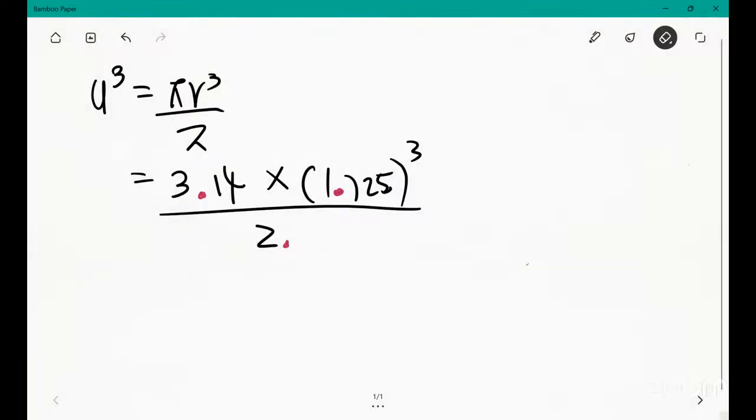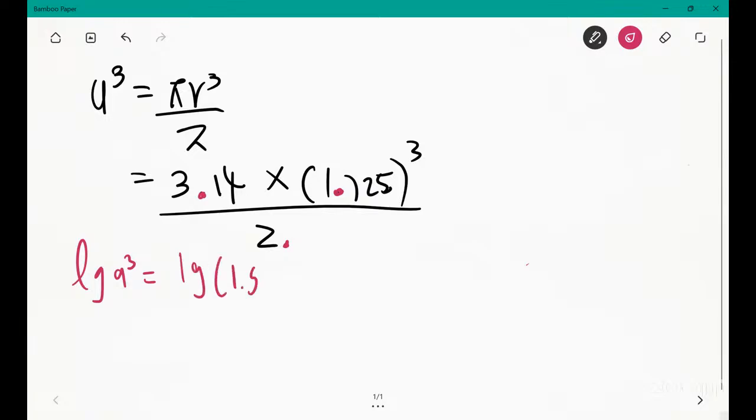So then log of a cube is going to be log of, so the answer is 1.57. And remember, cube in logarithm form means it's multiplication. And square root means it's division.